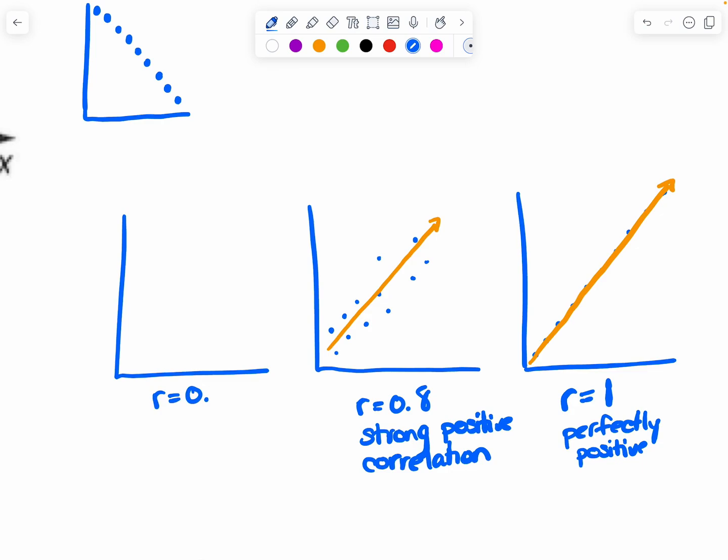Something that has an R value of 0.5, a correlation coefficient of 0.5, has a moderate positive correlation. And these are going to be more spaced out than the 0.8.